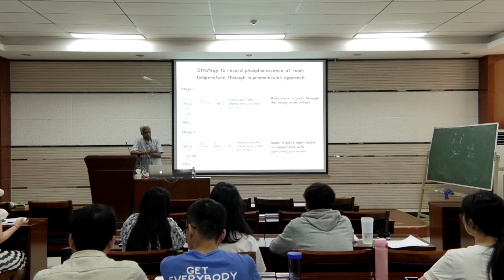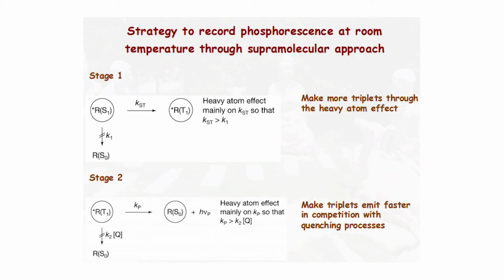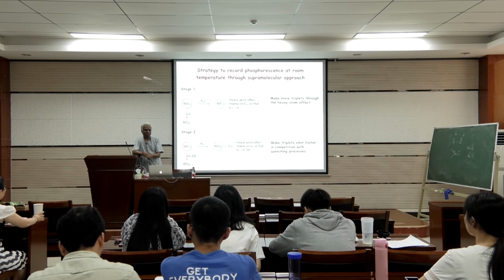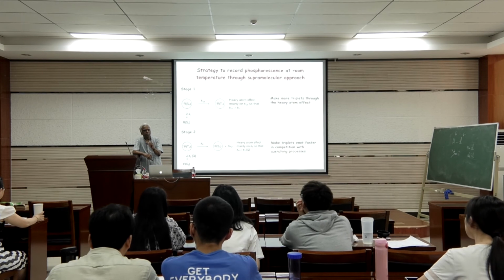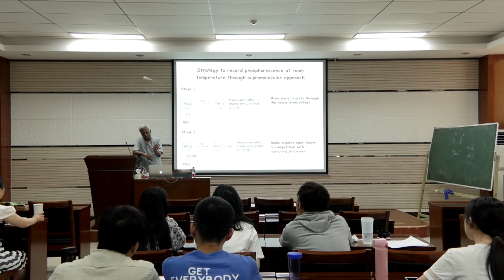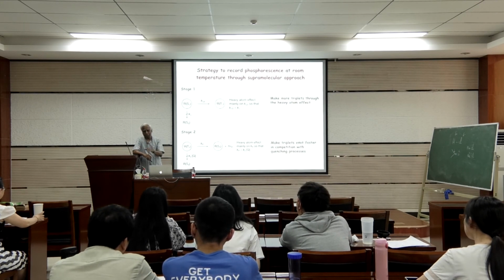Okay, so do you have any idea how to make it work? We want to find phosphorescence from naphthalene at room temperature. Naphthalene at room temperature does not phosphoresce in solution, but you want to make it phosphoresce at room temperature.